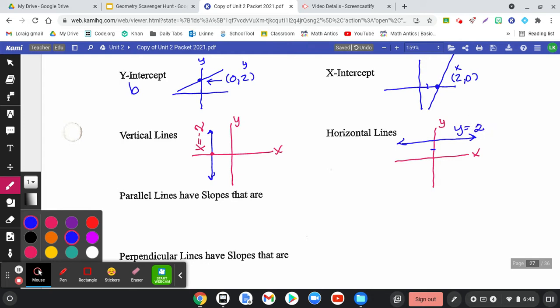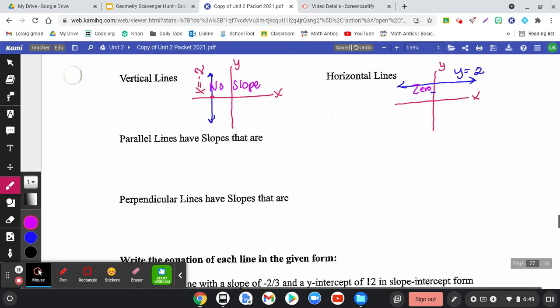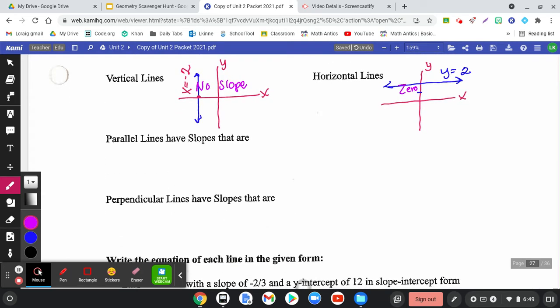The thing to remember also with the slope of those: if it's a vertical line, there's no slope, or an undefined slope, whereas with a horizontal line, there's 0 slope. There is a difference between 0 and no slope. Parallel lines have slopes that are congruent. They're the same.